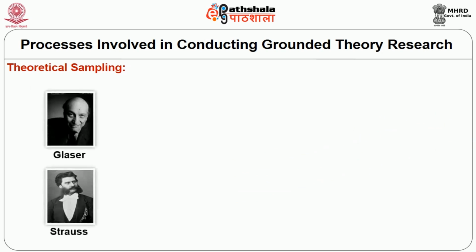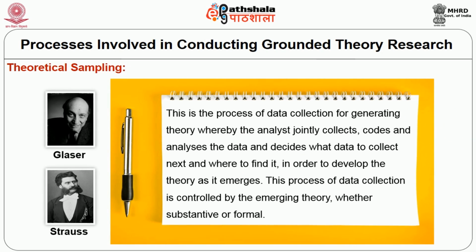Therefore, Glaser and Strauss observe that theoretical sampling is the process of data collection for generating theory whereby the analyst jointly collects, codes and analyzes the data and decides what data to collect next and where to find it in order to develop the theory as it emerges. This process of data collection is controlled by the emerging theory, whether substantive or formal.